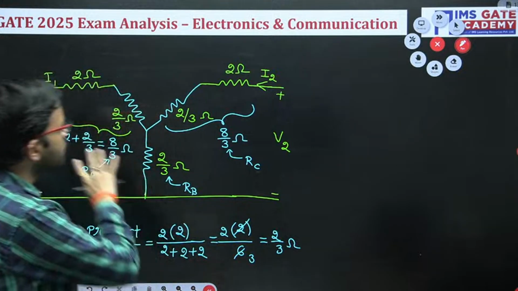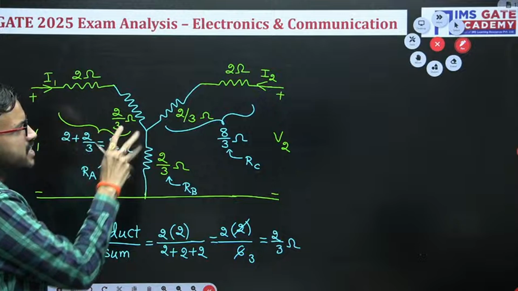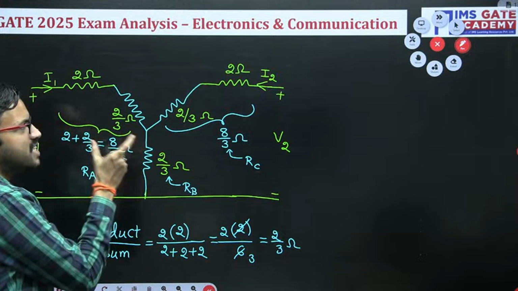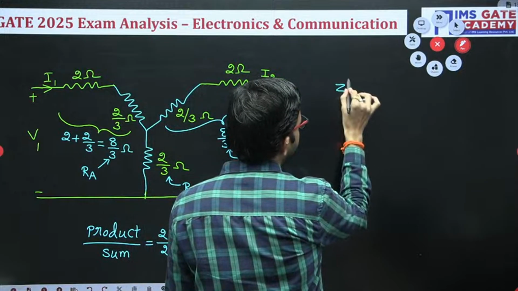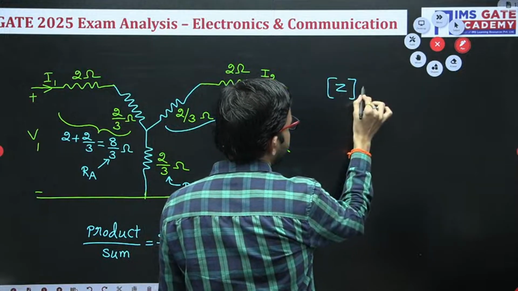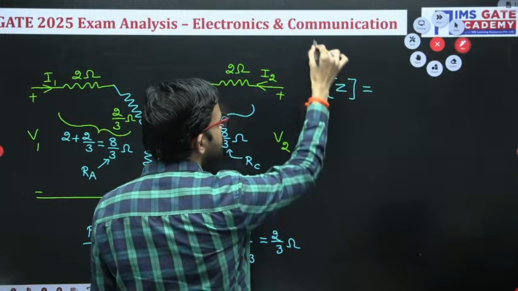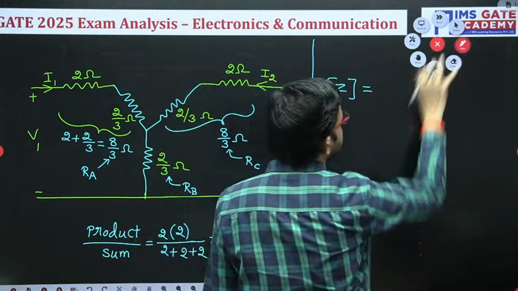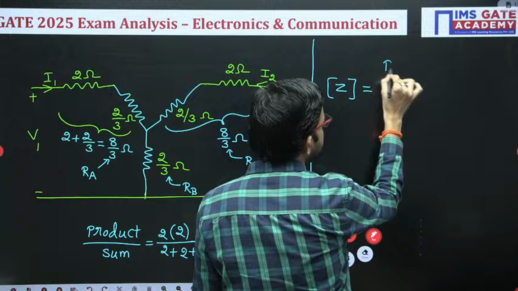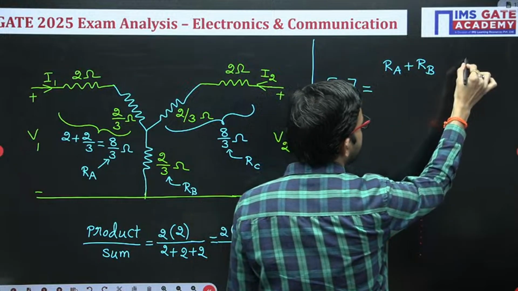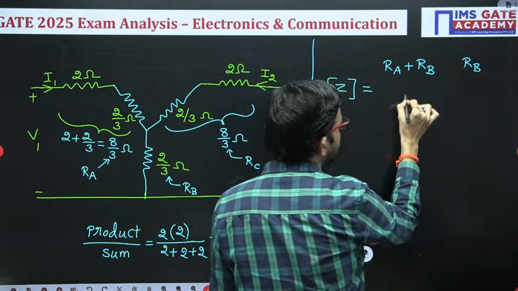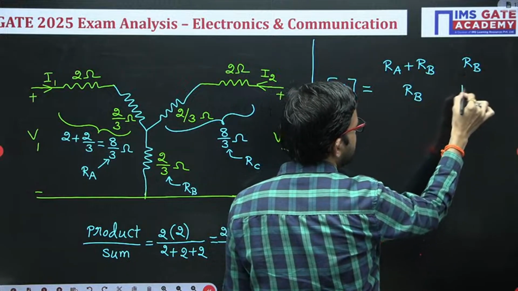I hope all of you know the standard formula for the Z matrix for a given T network. By using that, we get Z equal to: RA plus RB, RB, RB, RB plus RC.